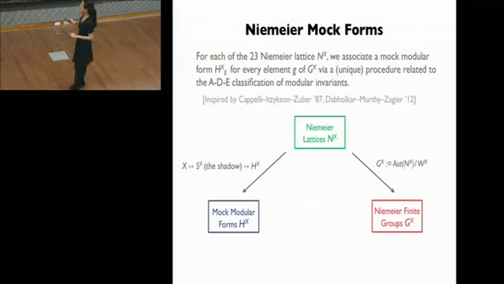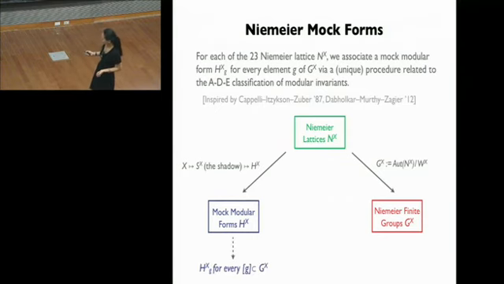On the other hand, you define a finite group from studying the automorphisms of the lattice. And then on the left-hand side, you can also generalize it to associate a mock modular form for every conjugacy class of this Niemeier finite group.